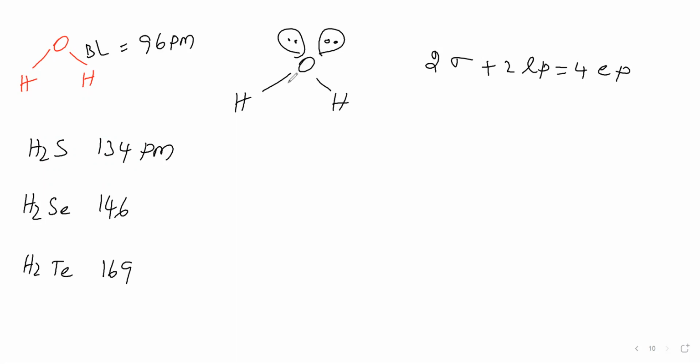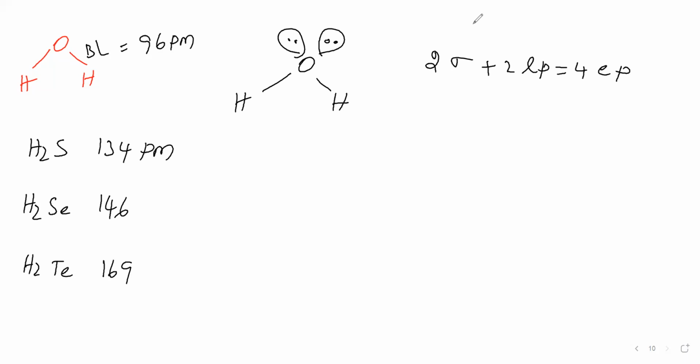That is for a perfect tetrahedral, where 4 sigma bonds will be there. We will take methane as an example. In methane, the central atom is carbon, surrounded by 4 hydrogen atoms. Methane is perfect tetrahedral. In methane, the bond angle is 109 degree 28 minutes.